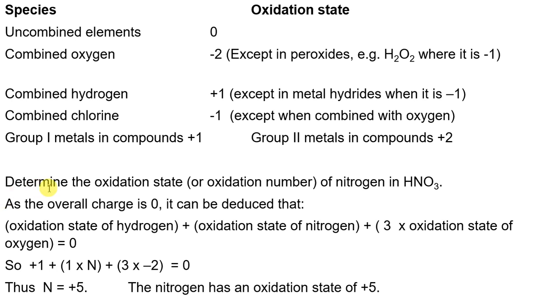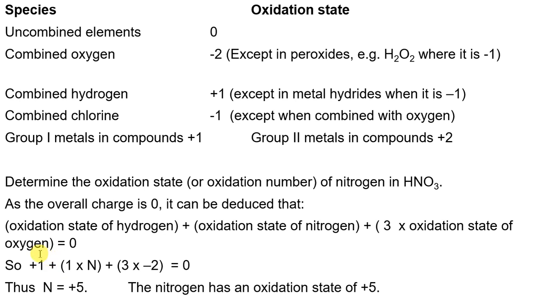So if I'm asked to determine the oxidation state of nitrogen in HNO3, the overall charge is 0. The oxidation state of hydrogen plus the oxidation state of nitrogen, and 3 times, because it's HNO3, the oxidation state of oxygen must all come to 0.